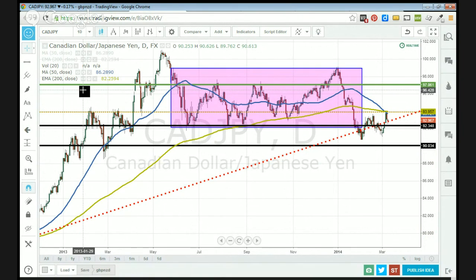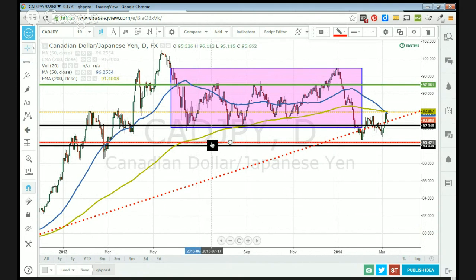Where would the stop go? I think I'd be willing to take a longer term outlook here. Put the stop there, maybe.